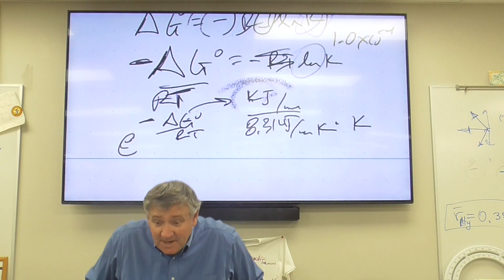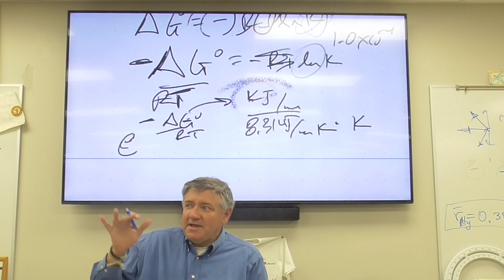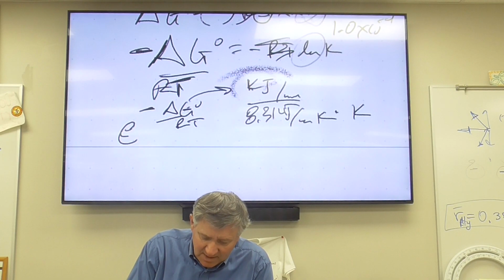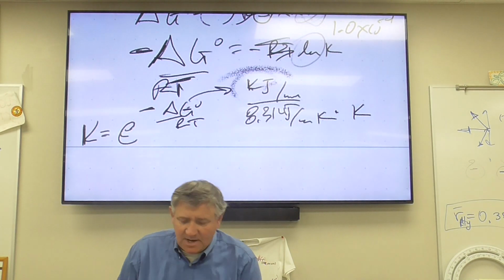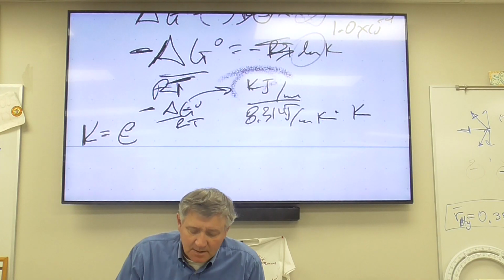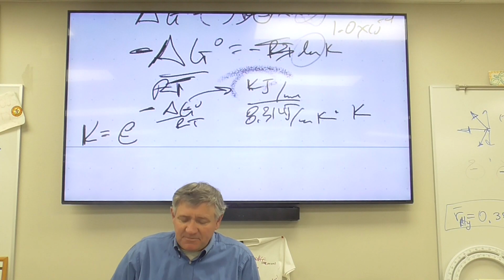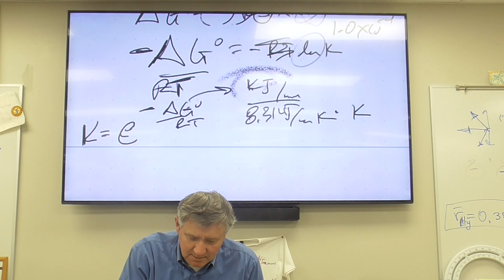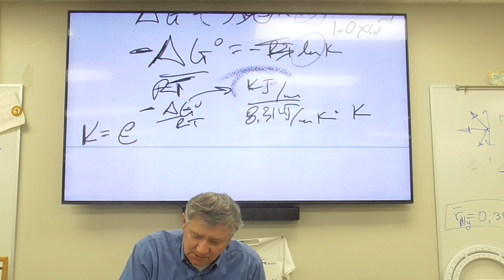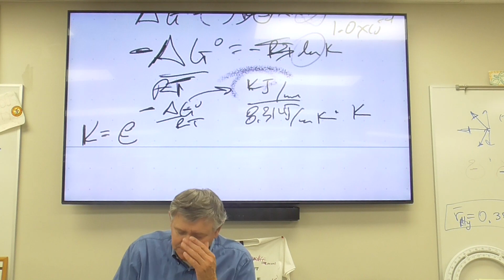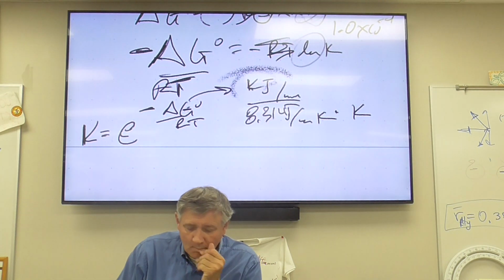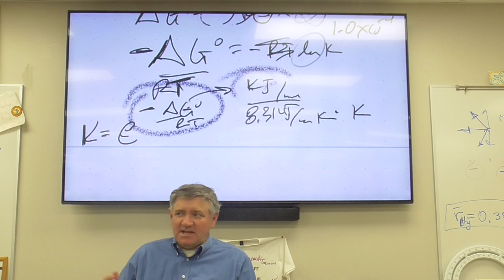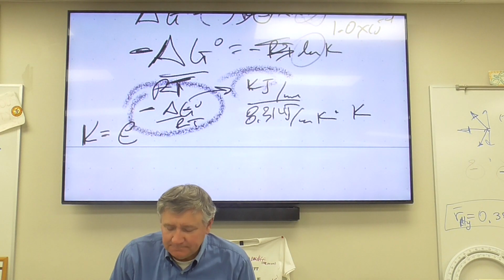Now, here's the bigger idea. What you're ending up here is finding the value of K. Okay, this is what we're after, it's the value of K. And again, look at this mathematically. If delta G is a negative value, okay?